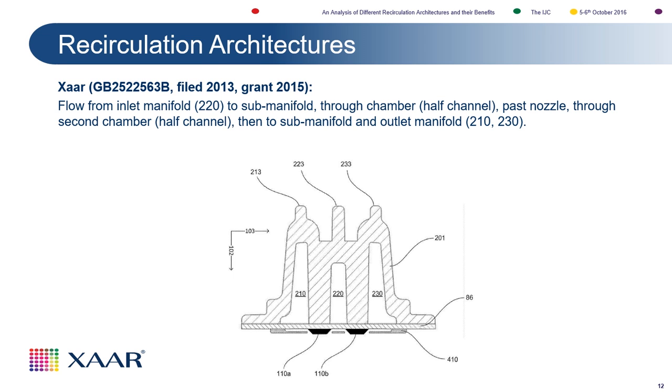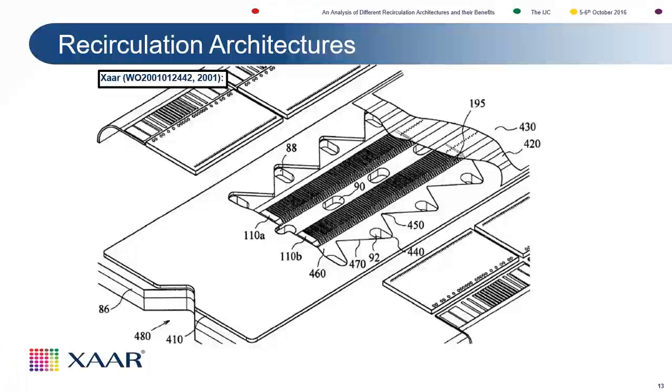But this is probably a better diagram, and this is from one of the original patents in 2001. You can see it's a very open structure, and you have the nozzles again in the center of the channel, and you have a very short channel, so as not to restrict the flow.